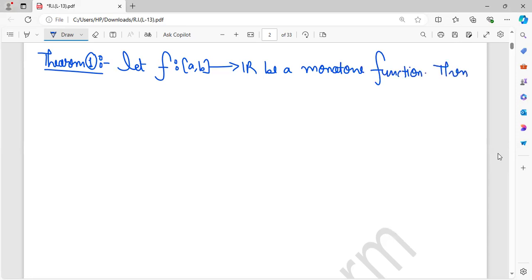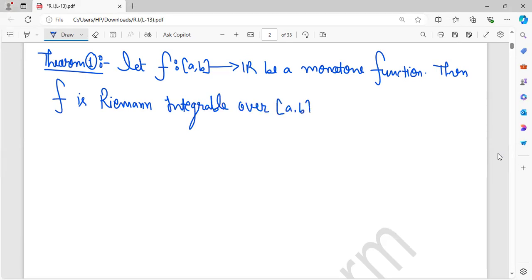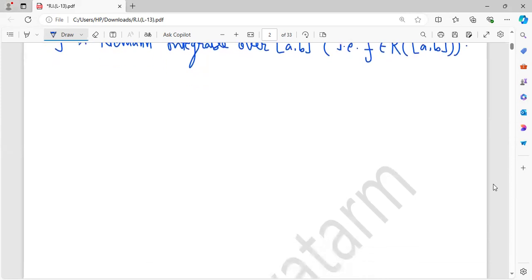Then f is Riemann integrable on closed interval [a, b]. It means f belongs to R[a, b]. The meaning of this, f is Riemann integrable, is that f belongs to the set R[a, b]. R[a, b] means the collection of all the Riemann integrable functions over closed interval [a, b]. So let's prove it. It is simple.